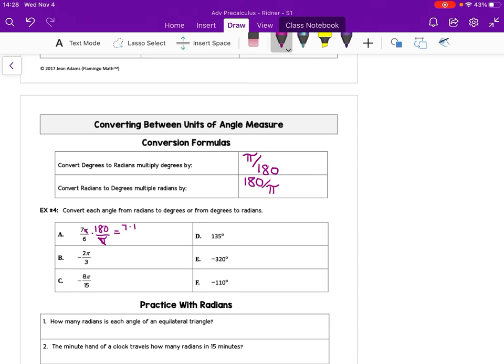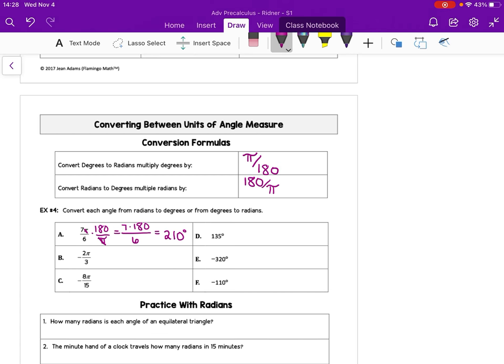Then I have 7 times 180 over 6. It is up to you how you do this. You can put 7 times 180 in your calculator, then divide by 6, or reduce 180 over 6 and then multiply by 7. Whatever it takes, your answer should be 210 degrees.